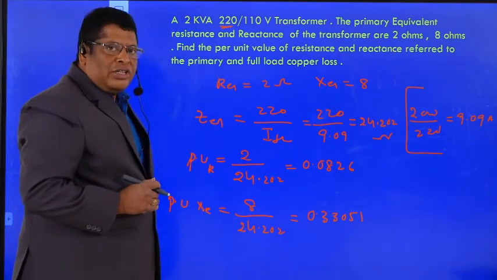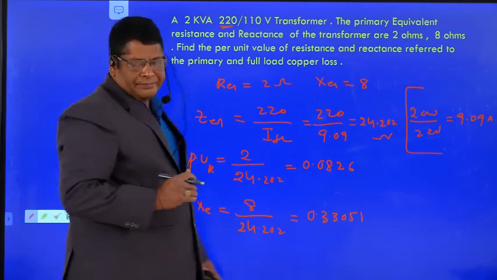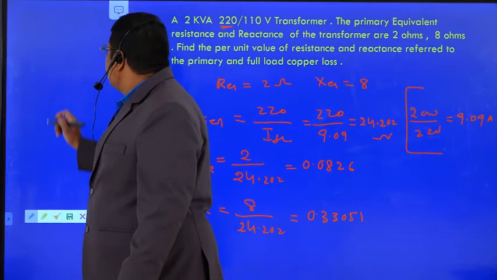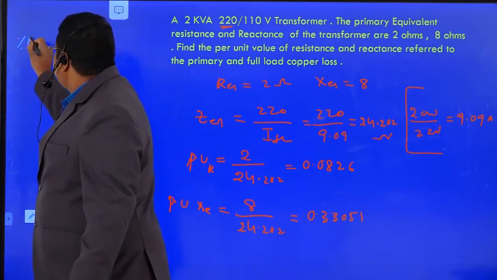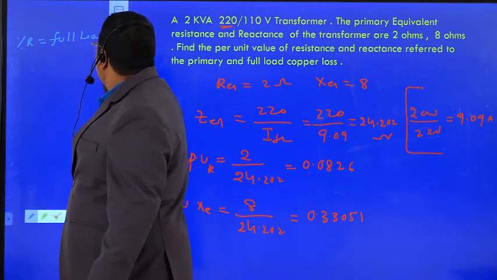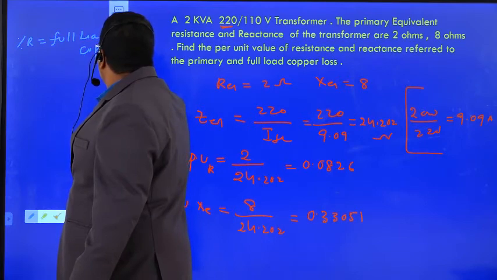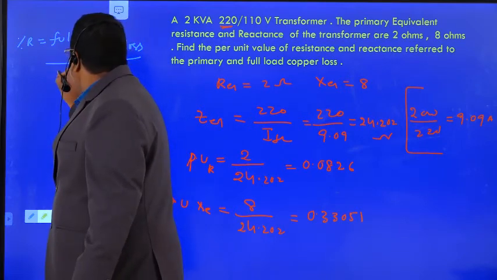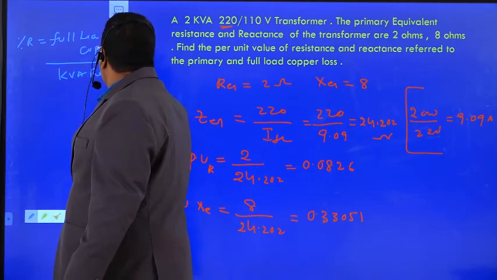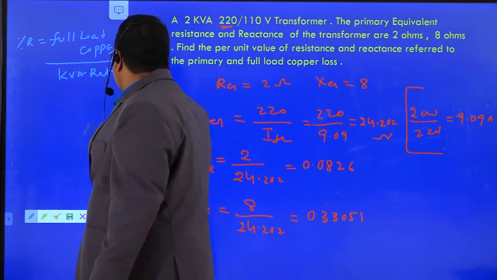Now, one more parameter, the full load copper loss. Already we know that the per unit value of resistance equals full load copper loss divided by the kVA rating of the transformer.